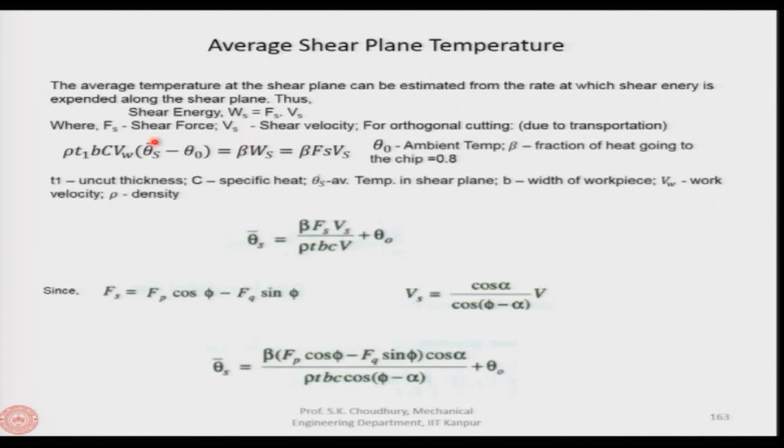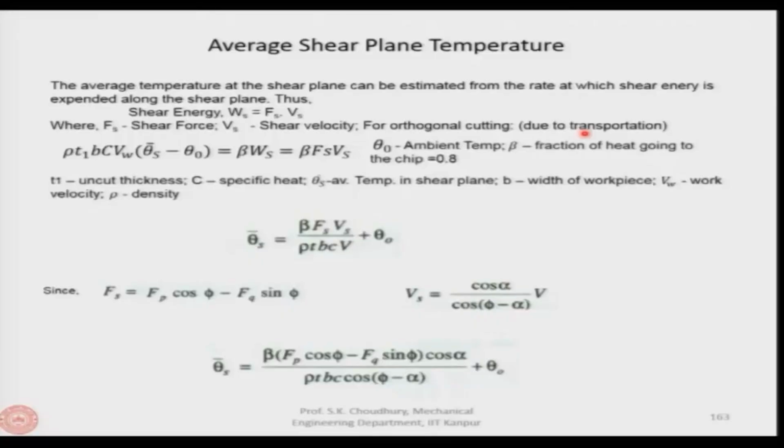We are considering orthogonal cutting, and in orthogonal cutting we will find out how the temperature is produced. The temperature is produced due to transportation, and this is the formula.